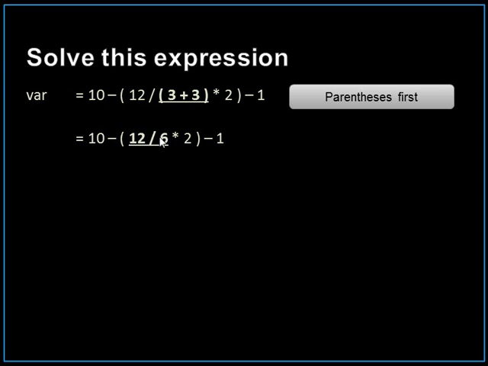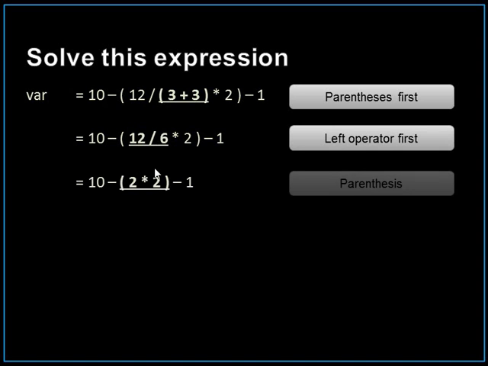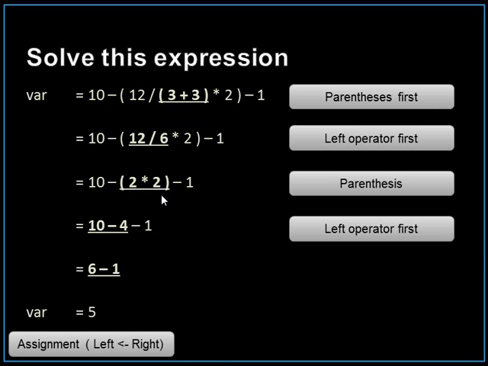We learned this earlier in associativity, right? Left operator first, then the parentheses, and again the left operator first, because minus and minus enjoy the same priority, so the left operator goes first, because the associativity of minus is left to right. And done. var equals 5. Now 5 will be assigned to var.